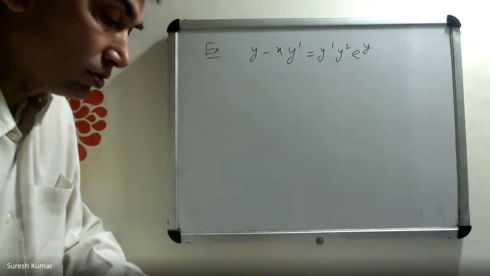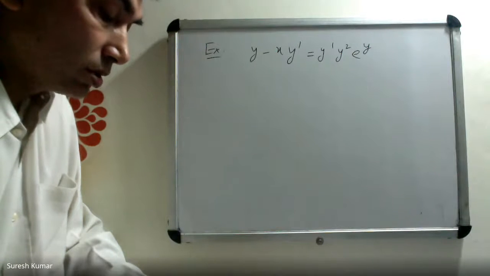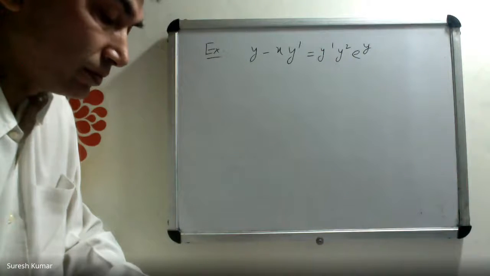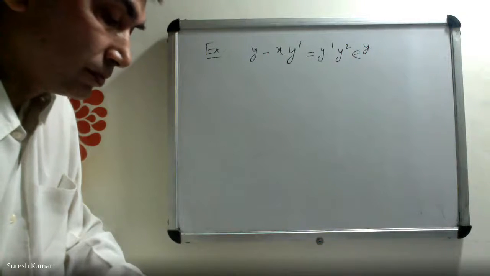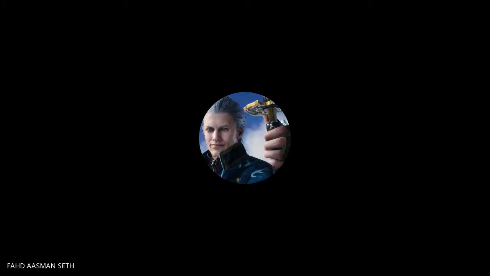Sir, it is Clairaut's differential equation. Hmm? Clairaut's one? No, no, it is carrying y square. After rearranging, the left side can be made the differentiation of x upon y.